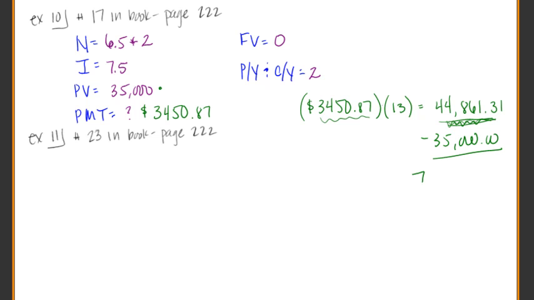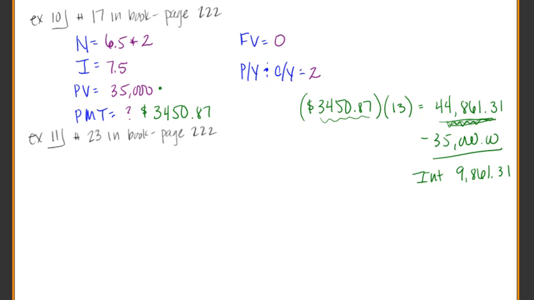The interest you're having to pay on that loan is $9,861.31. So out of $35,000, you're still having to pay almost $10,000 more in interest alone. That is showing you how much interest can kill you.